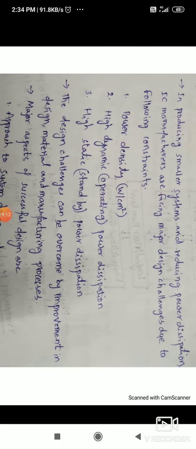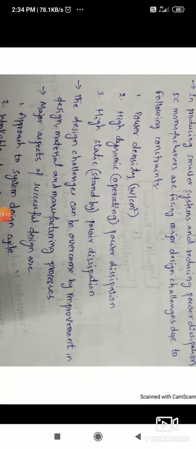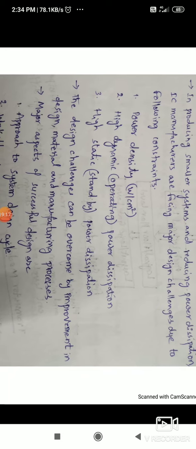Now, what are the design challenges in the IC manufacturers? There are mainly three categories. These IC manufacturers are facing design challenges due to the following constraints. The first one is power density. Next, dynamic power dissipation and static power dissipation. Because of the number of circuits and circuit complexity, power density also increases.